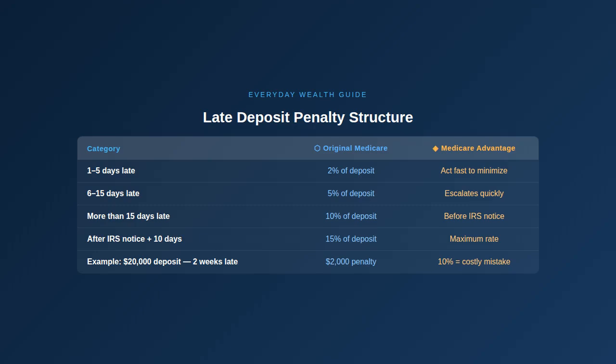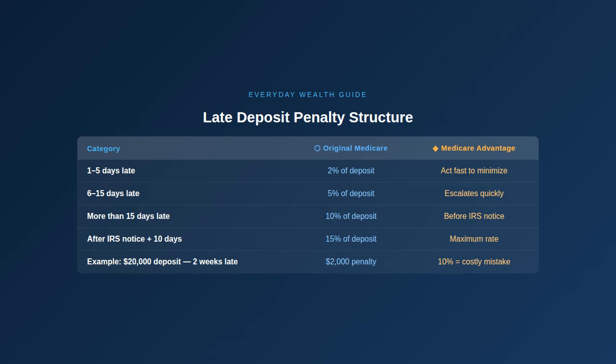If the IRS issues a notice and demand for payment and you still haven't deposited within 10 days, the penalty jumps to 15%. These penalties compound on top of each other and apply separately for each missed deposit. On a $20,000 payroll tax deposit, even a 1-week delay can cost you $1,000 in penalties. And these are in addition to any interest charged on the unpaid balance.